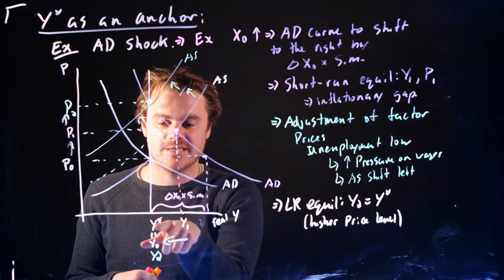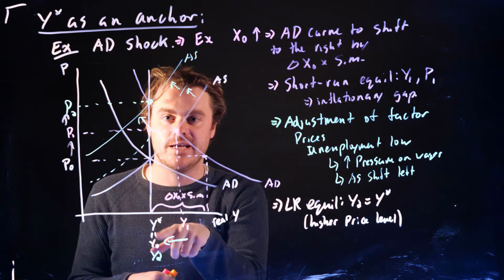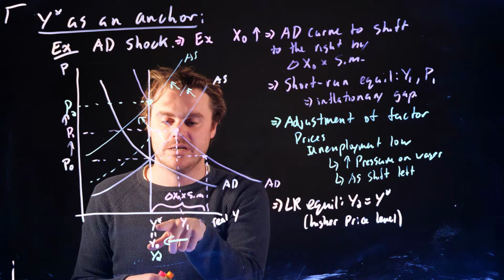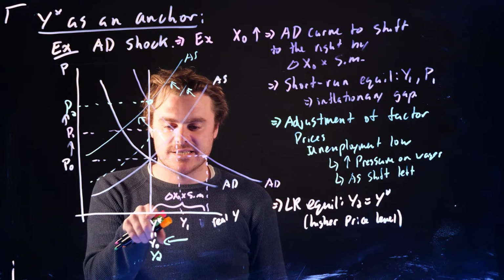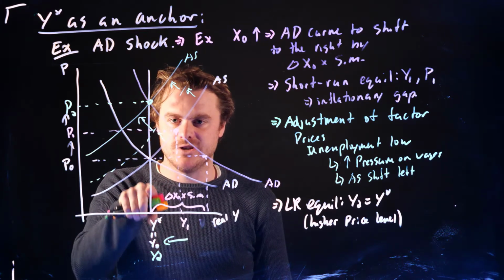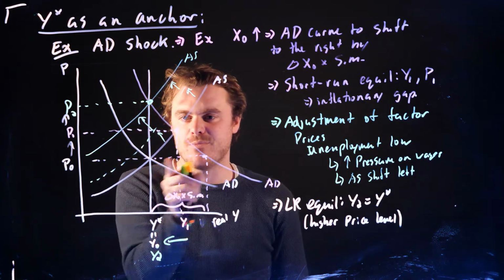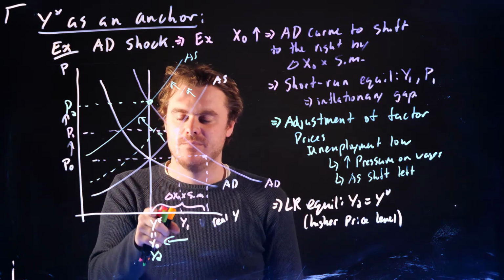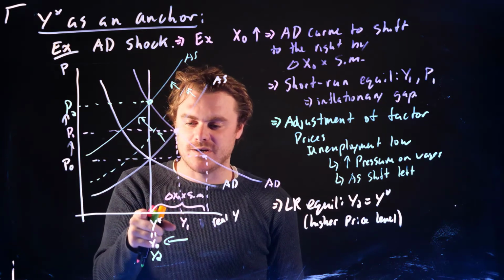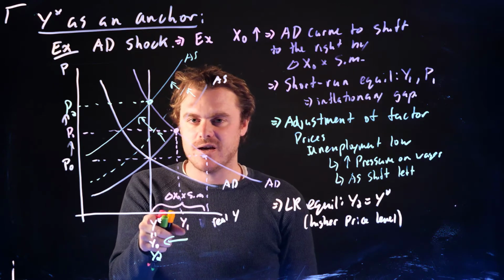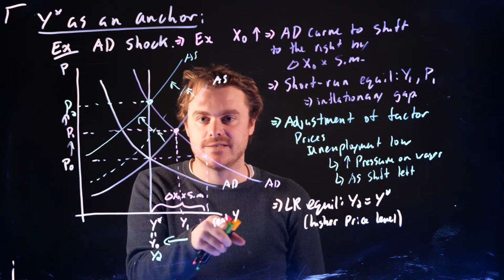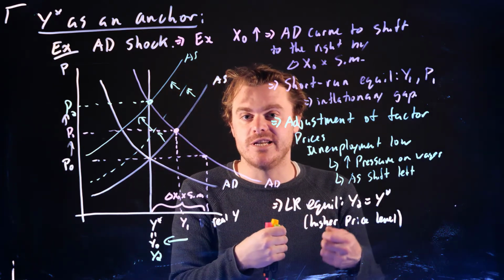And so Y star is going to be the really important part in terms of long run growth. So we're always going to get stuck at this one level of real GDP. We're temporarily going to be pushed around it, but it's always going to be pulled back to this Y star. So if we change this Y star, that is how we actually raise real GDP in the long run.